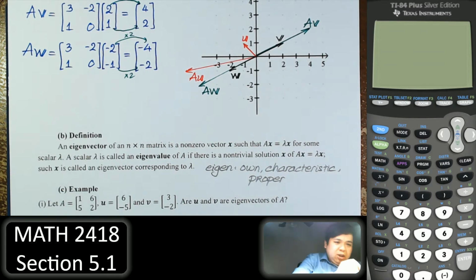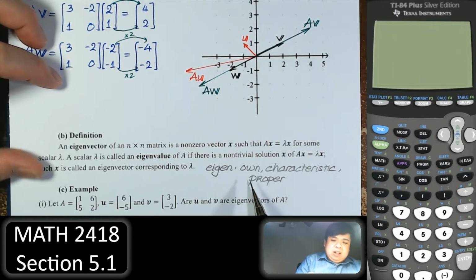The concept of eigenvalues and eigenvectors was earlier than that, but it was officially called eigenvector and eigenvalue in the early 1900s, so just over 100 years ago.